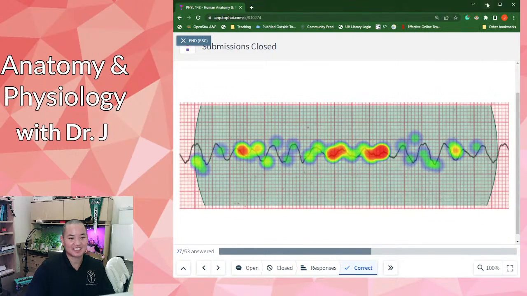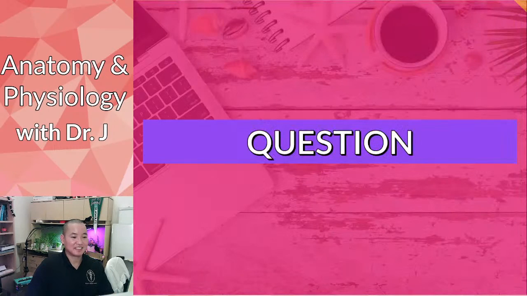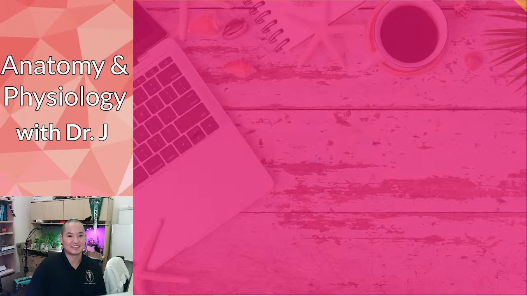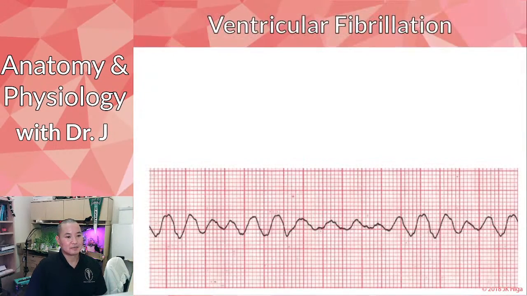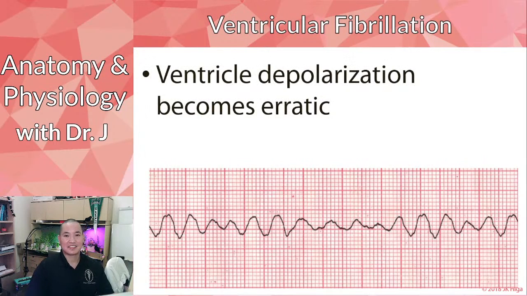It's kind of crazy. What's happening here is that we have this massive amount of depolarization. It's very disorganized, and there isn't really a clear EKG or cardiac cycle. With ventricular fibrillation, the ventricular depolarization becomes erratic. I learned an analogy from one of my colleagues: it's like the ventricles are having a seizure, and when you're having a seizure, are you having coordinated movement?